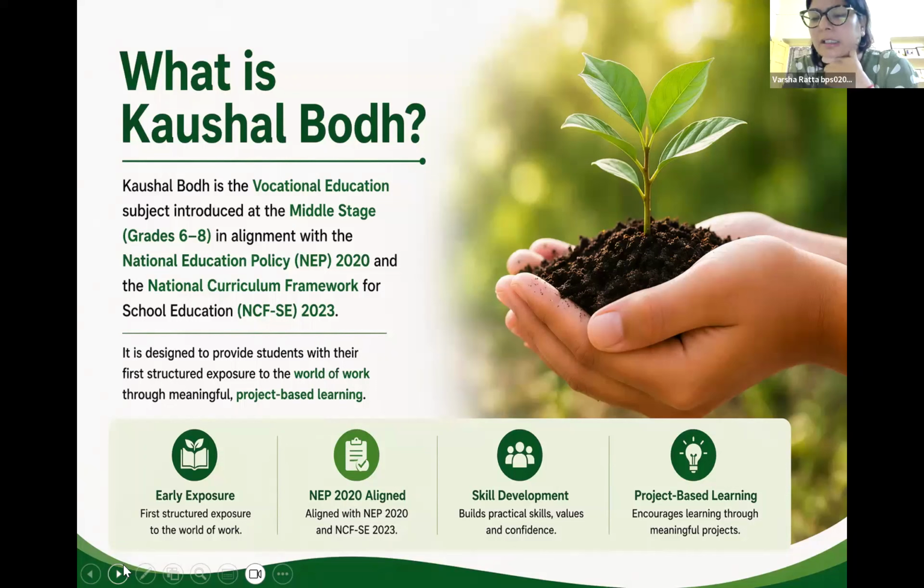Preeti ma'am, do you have anything in your school, something which is a miss in what ma'am is saying? Ma'am, actually, first thing I would like to bring to your notice is that in our school, from third onwards, life skills have been added in the timetable.